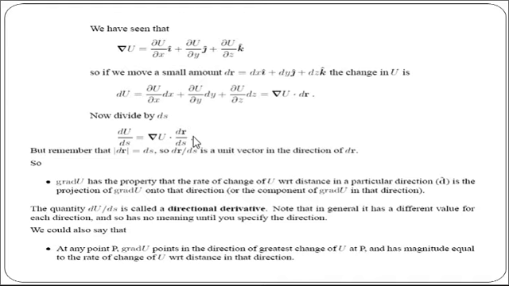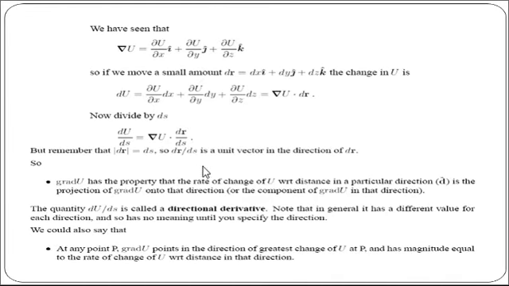So if we move a small amount dr, where dr is equal to dx i plus dy j plus dz k, the change in u is du equal to ∂u/∂x dx plus ∂u/∂y dy plus ∂u/∂z dz, equal to del u dot dr. When we divide it by ds, we have du/ds equal to del u dot dr/ds, and here the magnitude of dr is equal to ds.